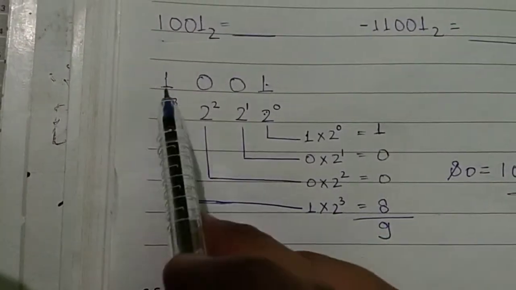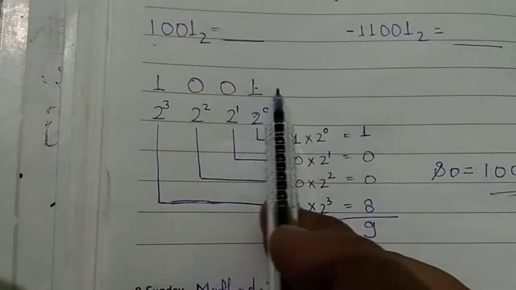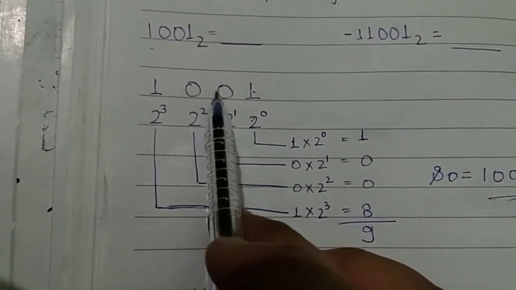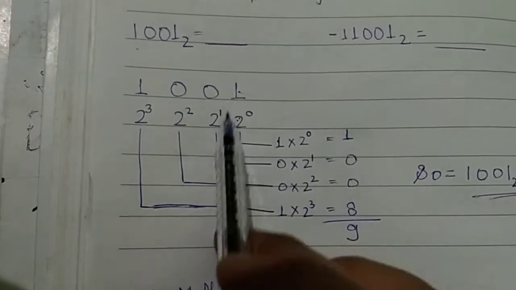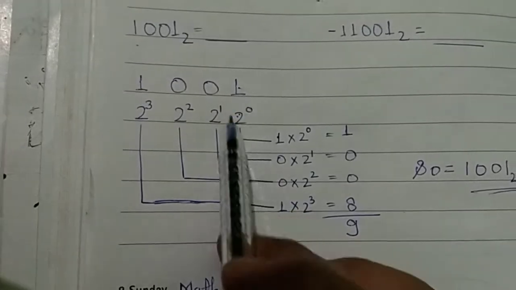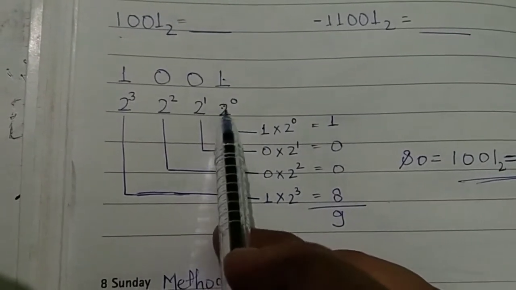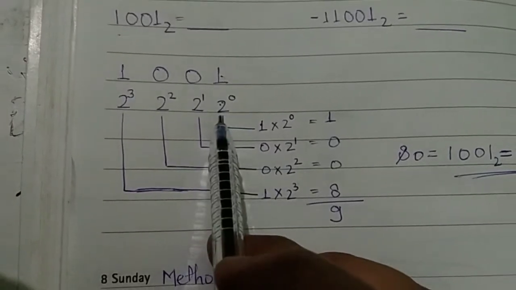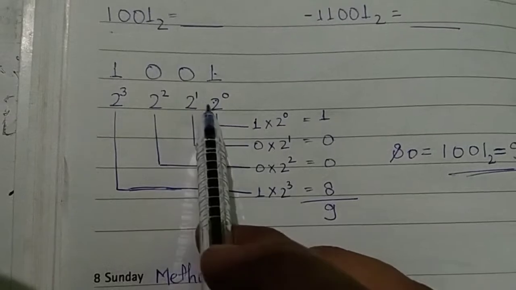So what I will do, I will write the binary numbers like this, separately with some distance in between two numbers. After that, right from the extreme right side, I'll take 2, the base of the binary number, and I will give the power to these base values.